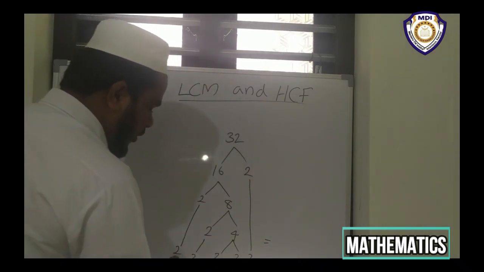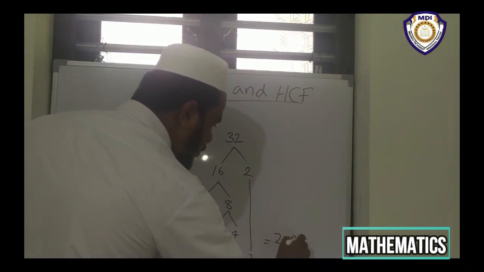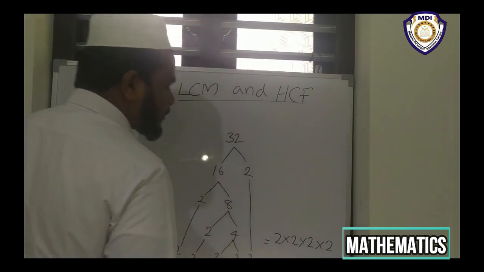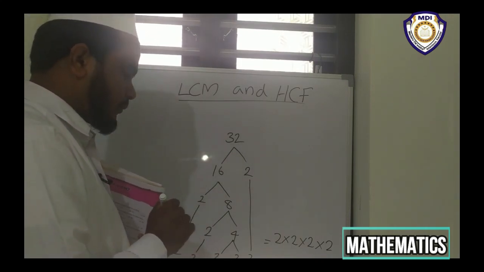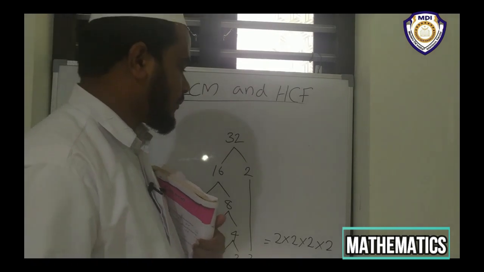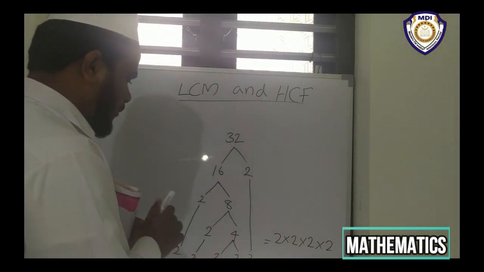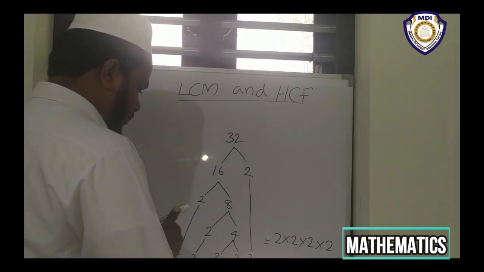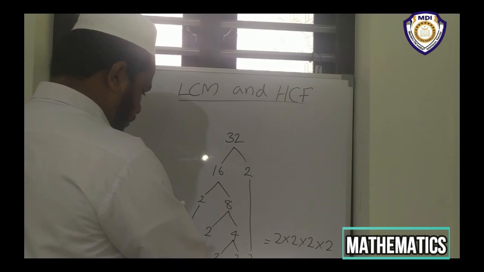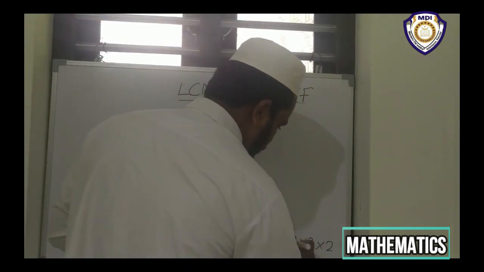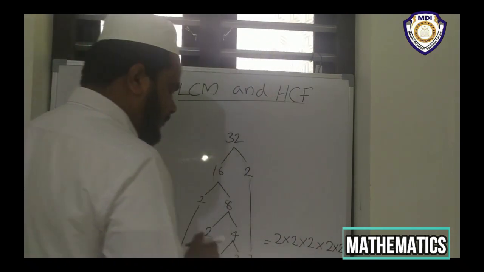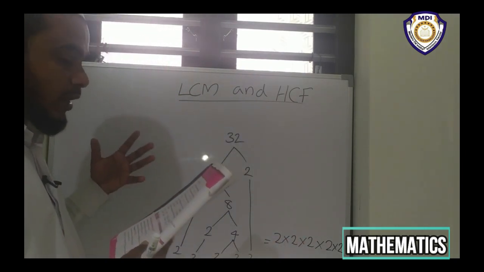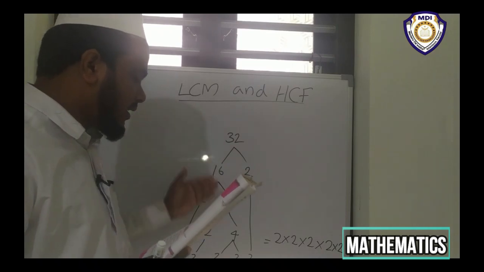At last, 2 into 2 into 2 into 2 into 2. This is what a factor tree is.